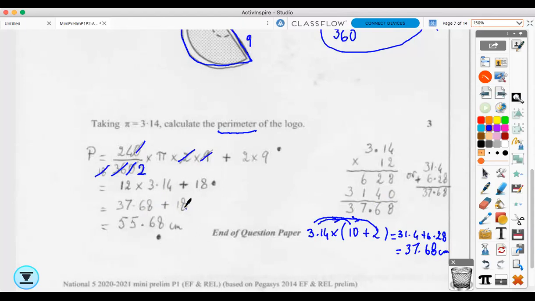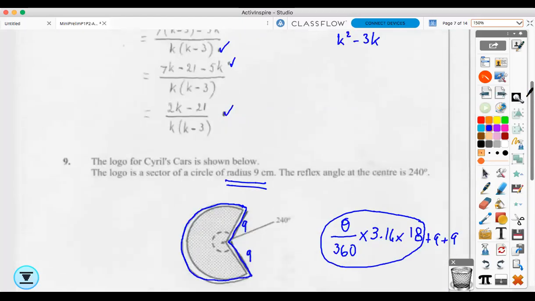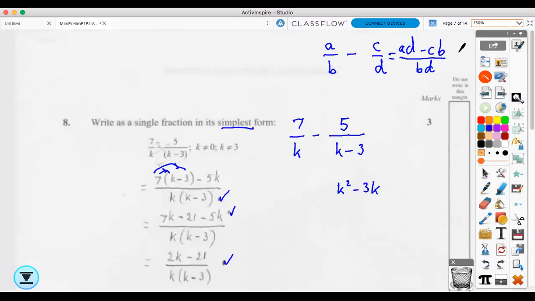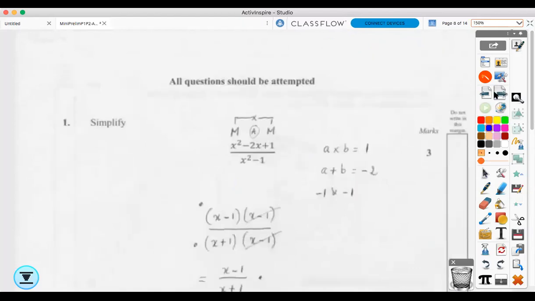It's a bit like adding 20 and taking away 2 from here. And I end up with 55.68. And that was your 3 marks. Okay. And that was how you would get 100%. I think that was the end of that paper, yeah.